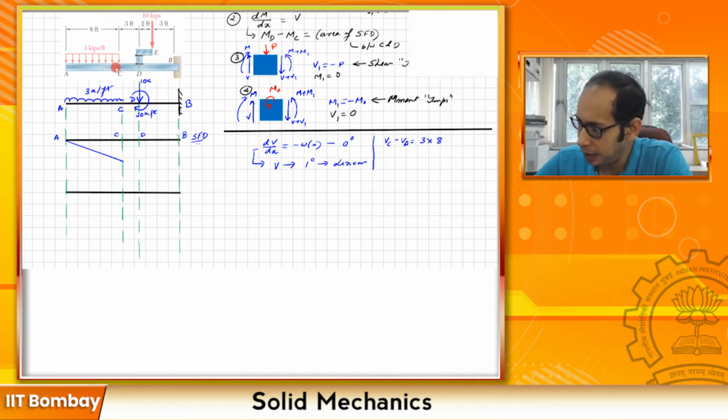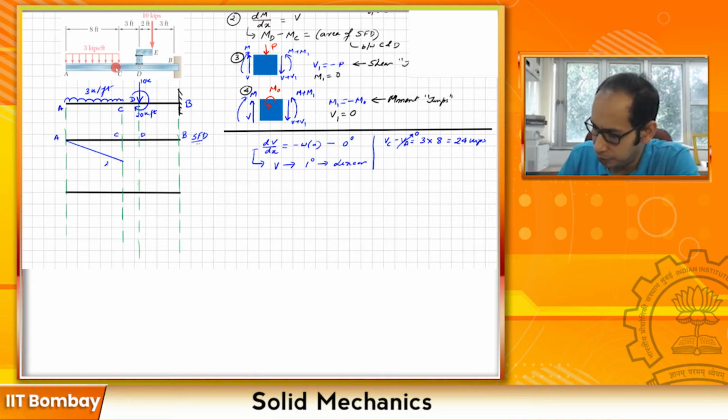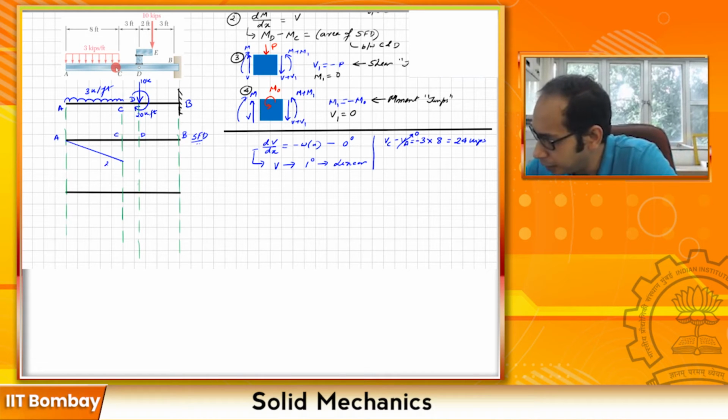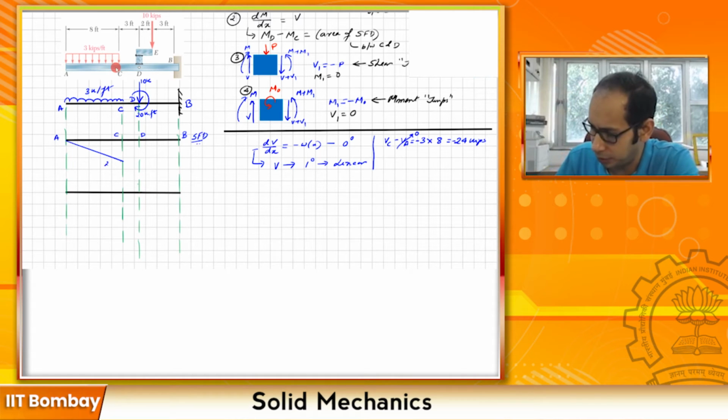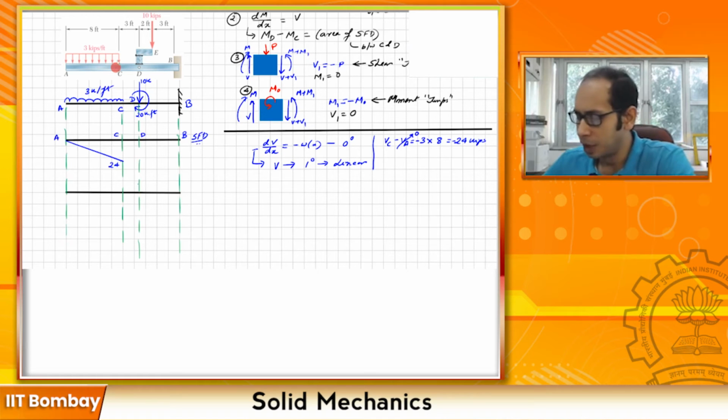Now VA I know is 0, so VC becomes 24 kips. Right, so this point here will be a negative 24, because it's the negative of the area of the loading diagram. So this guy over here is a negative 24. I'm drawing in the bottom half plane, so I'm not marking the negative sign.